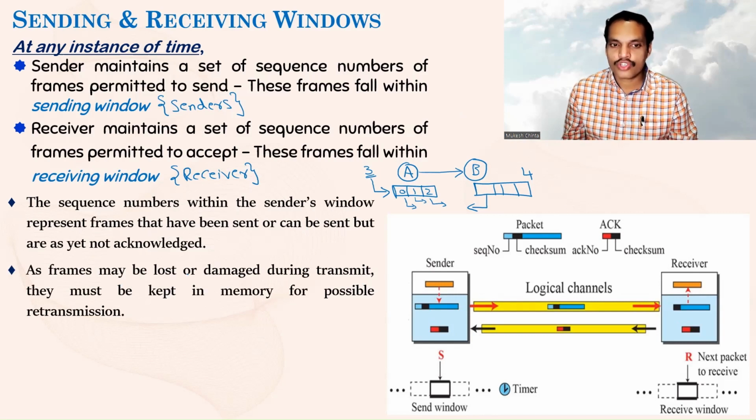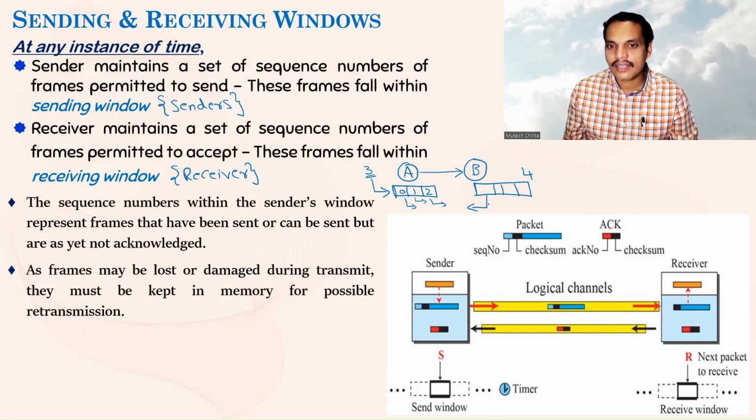As frames may be lost or damaged during transit, anything can happen. There might be errors, or it might be completely lost. They must be kept in memory for possible retransmission. So the sender's window tells you how many buffers the sender has to maintain.